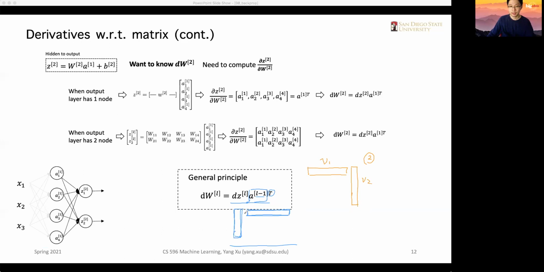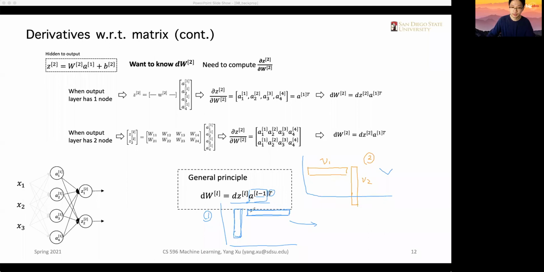But in this first case here, this dot product is not actually the conventional dot product that we are more used to. This case is more like the outer product. It's not an inner product.